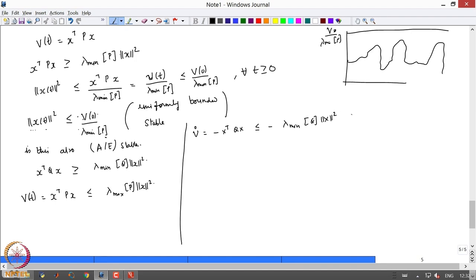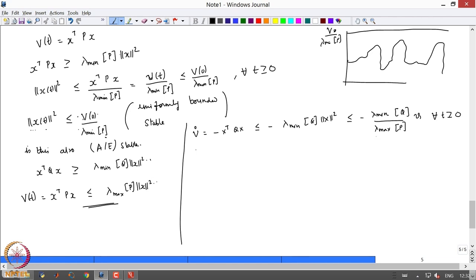This will be less than or equal to, using that inequality on top, minus lambda min of Q over lambda max of P times V, and this happens for all times t greater than or equal to 0. So, just a few little steps which you can easily verify from all the expressions that we have written here.